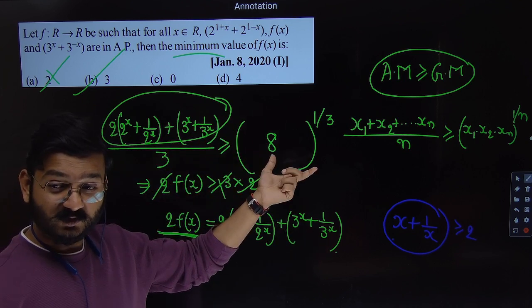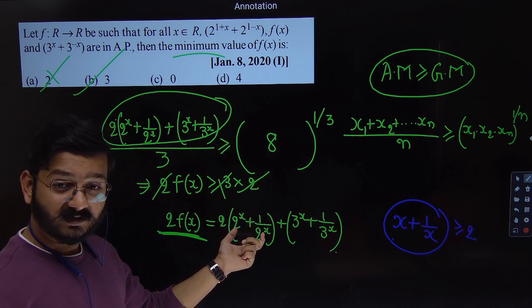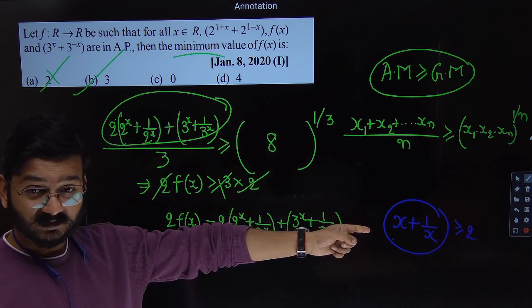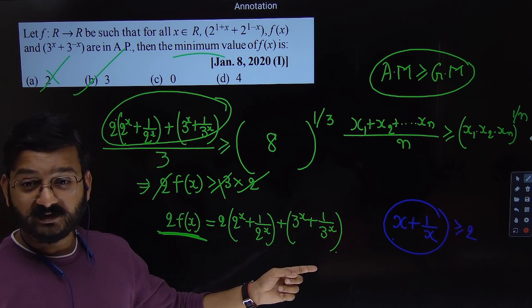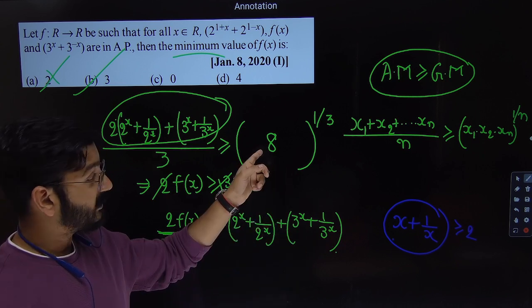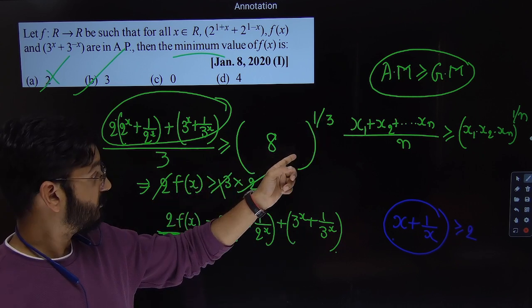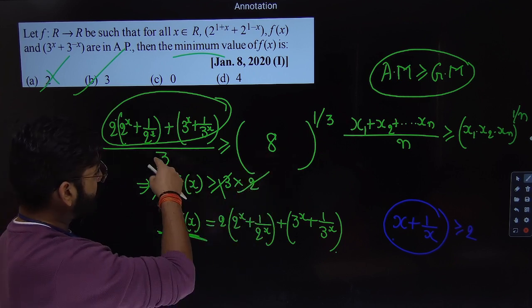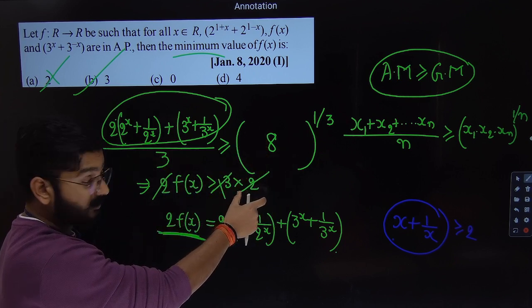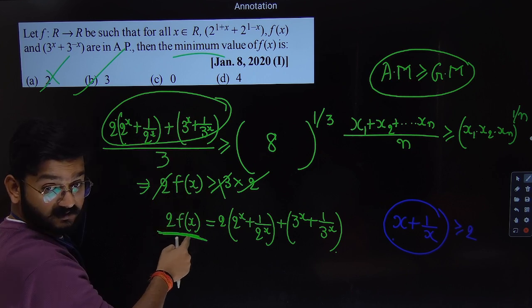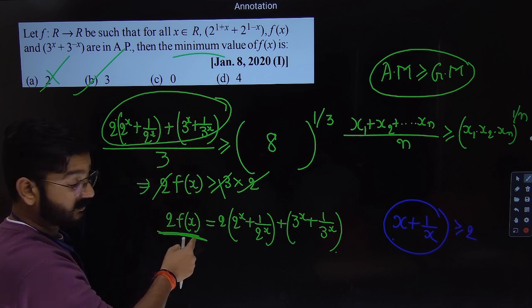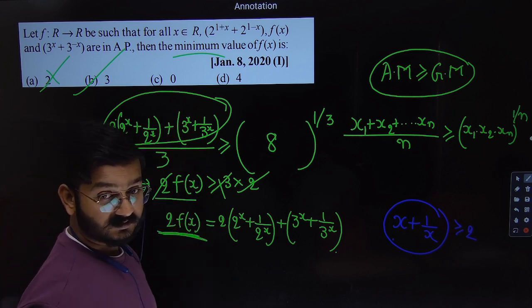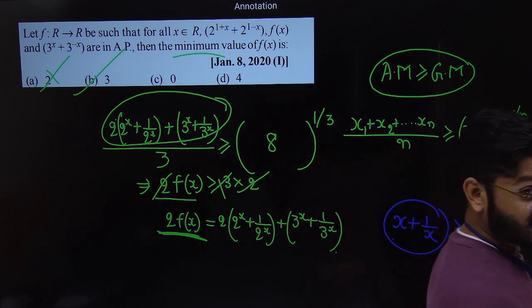So inside the root, you will put the minimum value or maximum value? What is the minimum value? I just explained. 2. So 2 is multiplied how many times? 3 times. 8. The cube root of 8? 2. So 2, 3 multiplied here. So 3 into 2. What is the numerator? 2 times f of x. So 2 gets cancelled. Answer is 3.